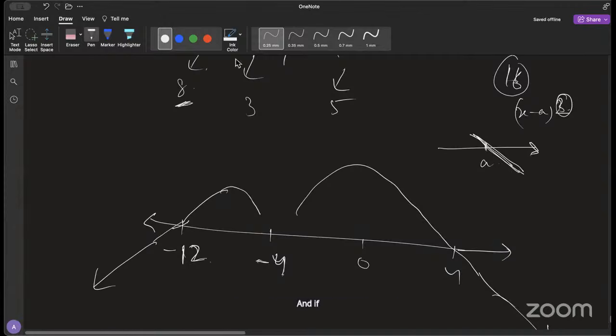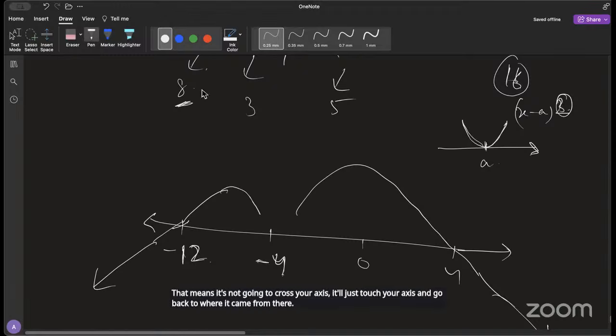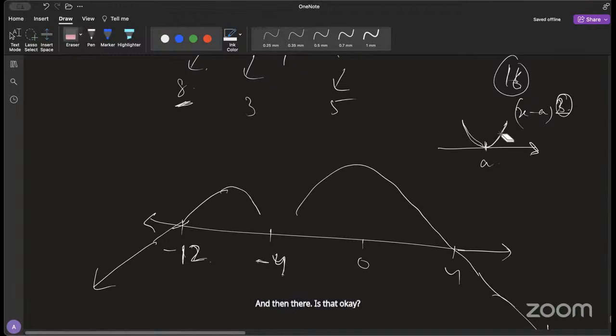If you have an even degree, 2, 4 or something, it will not cross your axis. It will just touch your axis and go back to where it came from. Is that okay? Yes, ma'am.